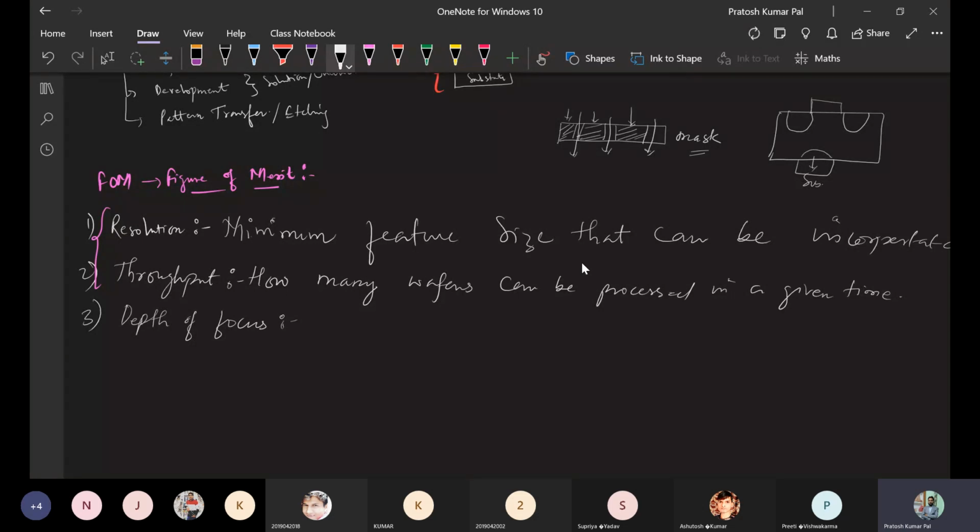So all the masks that need to be implemented should be identifiable to the lithography process. That means whenever we go for lithography, all the other masks that have been used, their boundaries, the shape and size, should be visible to the lithography step.